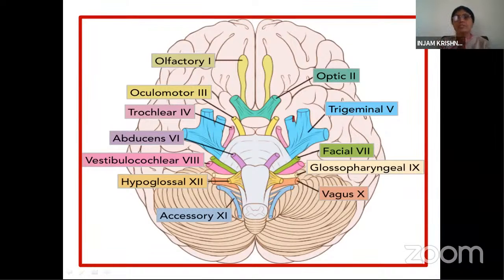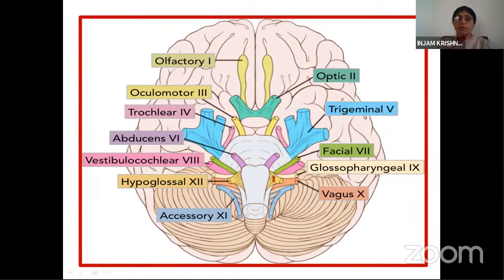We can call them afferent nerves. And the other type of nerves, motor nerves, arise from the brain and reach the effector organs. Those are called motor nerves. Some are mixed nerves. So among all 12 pairs, some are sensory, some are motor, some are mixed.